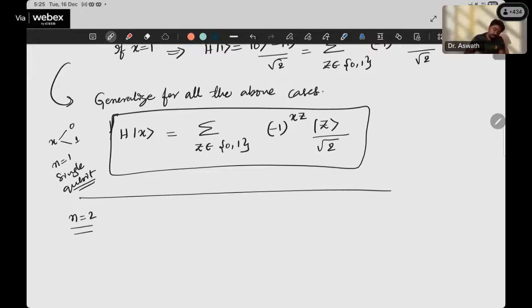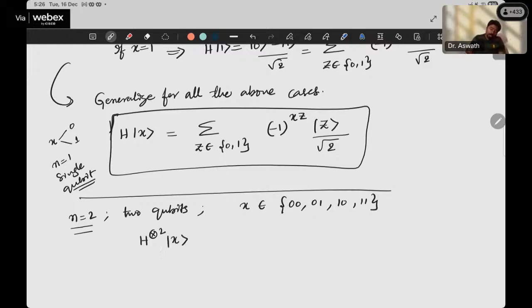In case of 2 qubits, x can have the values 0 0, 0 1, 1 0, 1 1. Now, in that case, how many Hadamards will I be acting with? One Hadamard for 1 qubit, so I'll have 2 Hadamards acting on x there.